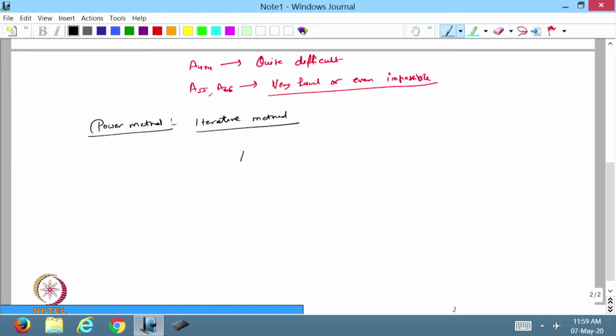Suppose I have a matrix A that is n cross n. Because this is an iterative method, I start with the initial x naught, which is my initial guess.